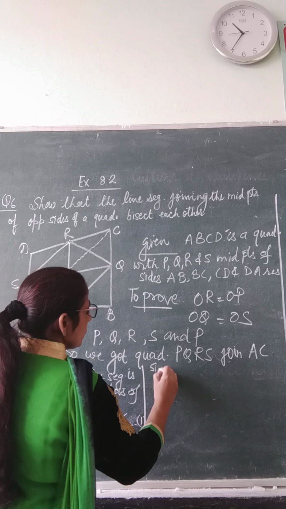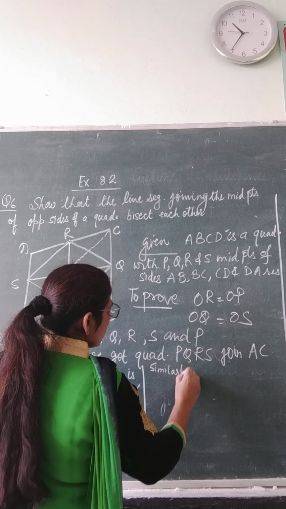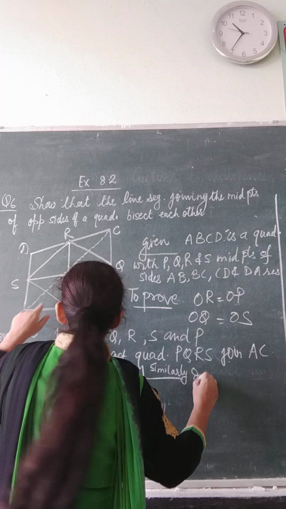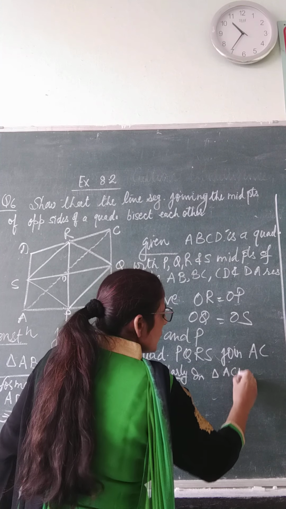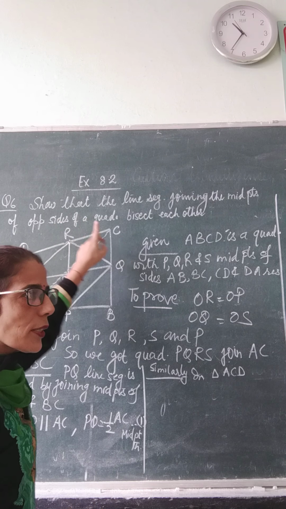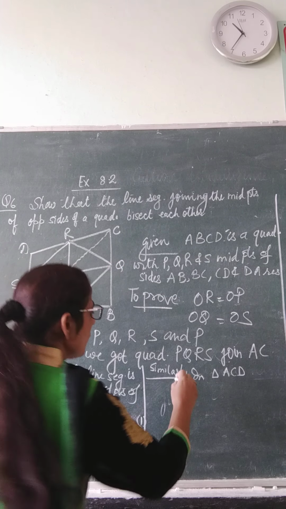Similarly, in triangle ACD, same way, RS is the line segment formed by joining the midpoints.